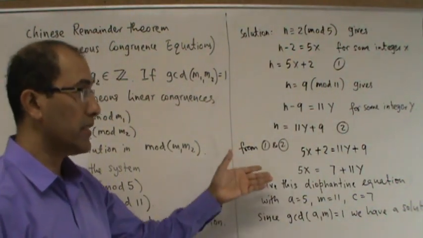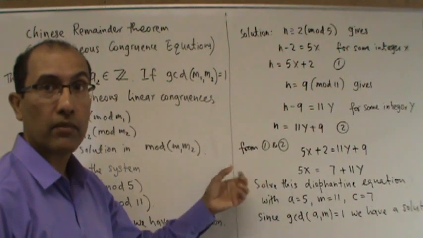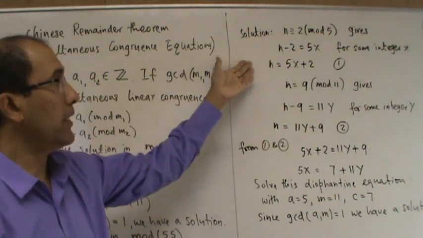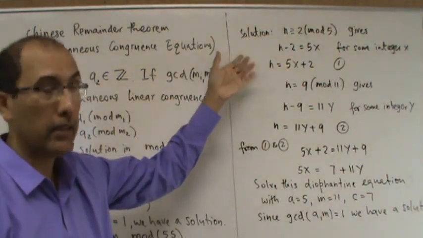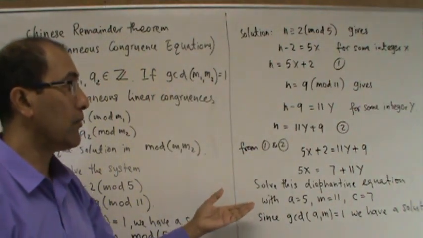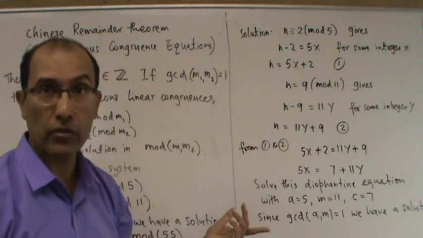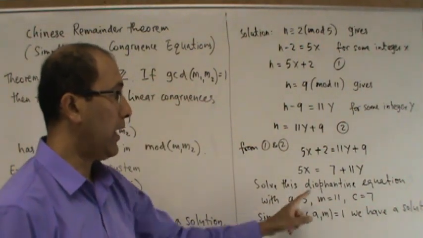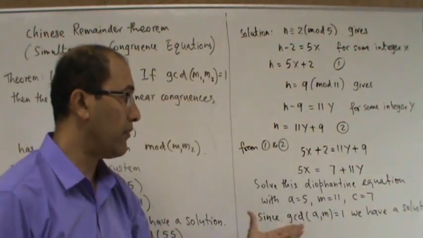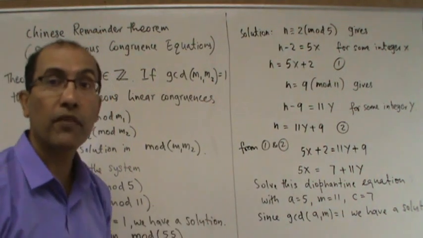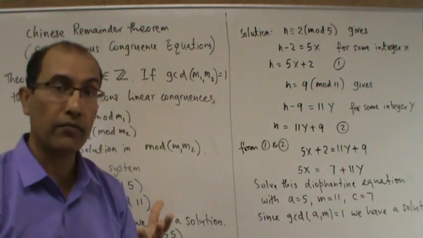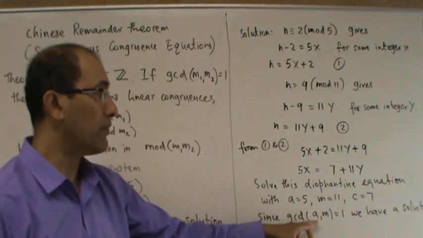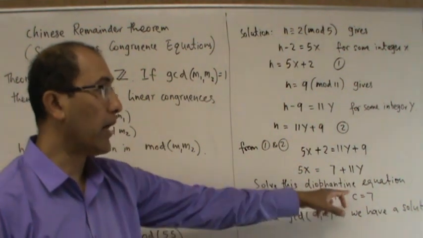Now we need to solve this Diophantine equation first, because if I can find x, then I can use it to find my n. To solve this Diophantine equation, I need to check whether it has solutions. So a is 5, and m is 11, and c is 7, and the requirement for this Diophantine equation to have solutions is that the GCD of a and m must divide c.